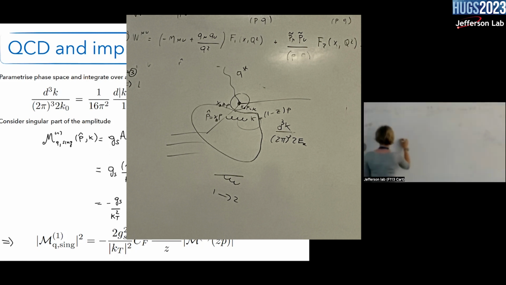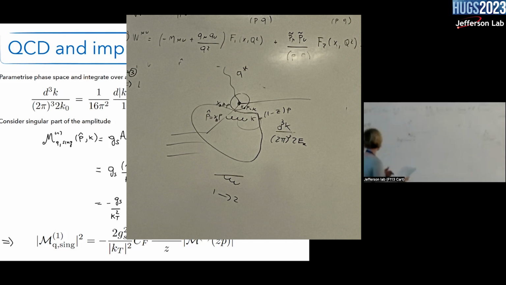So this is P hat, which is x Bjorken times P. And this guy emits a gluon of momentum K. So now the scattering with the virtual photon that produces another parton here has as momentum x Bjorken P minus K. That's the incoming momentum. Very good.